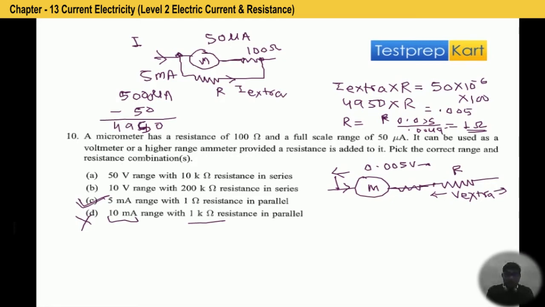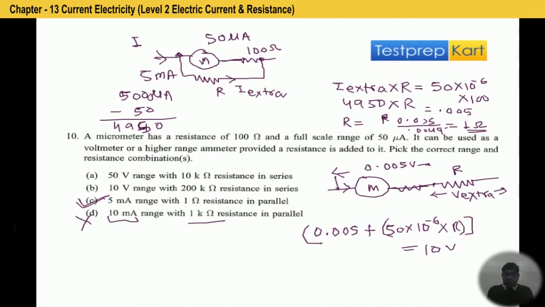So suppose we want to create a 10 volt voltmeter, then the total potential, that is 0.005 across the micrometer plus the current through the micrometer, which is 50 into 10 to power minus 6, into the resistance connected in series, must serve our purpose of 10 volt.